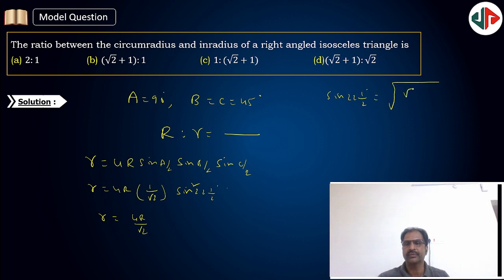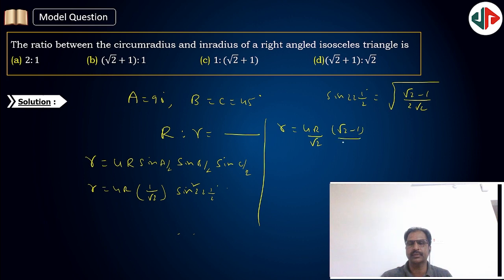Square root of root 2 minus 1 by 2 root 2. So small r is equal to 4R by root 2, and since sin is squared the root will not be there, so root 2 minus 1 by 2. Root 2 into 2 root 2 is 4, so 4 gets cancelled. So capital R into root 2 minus 1.